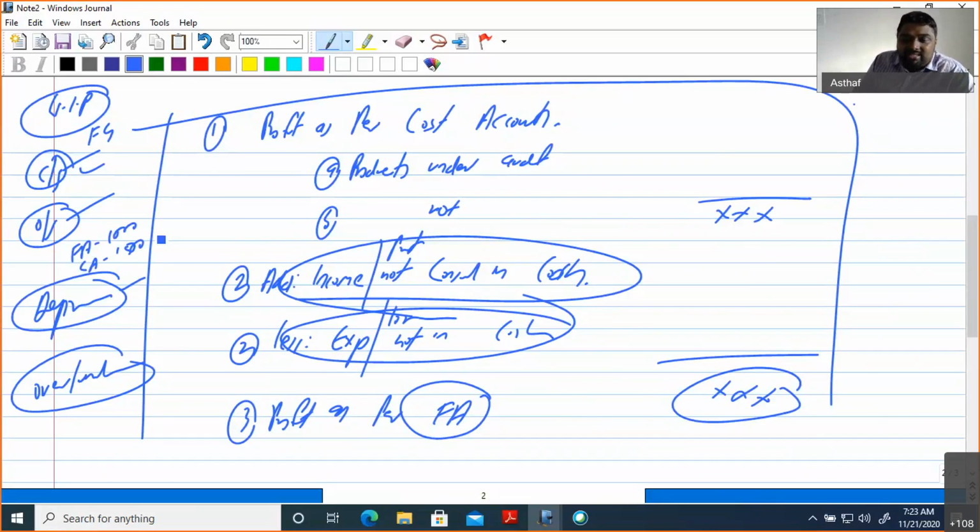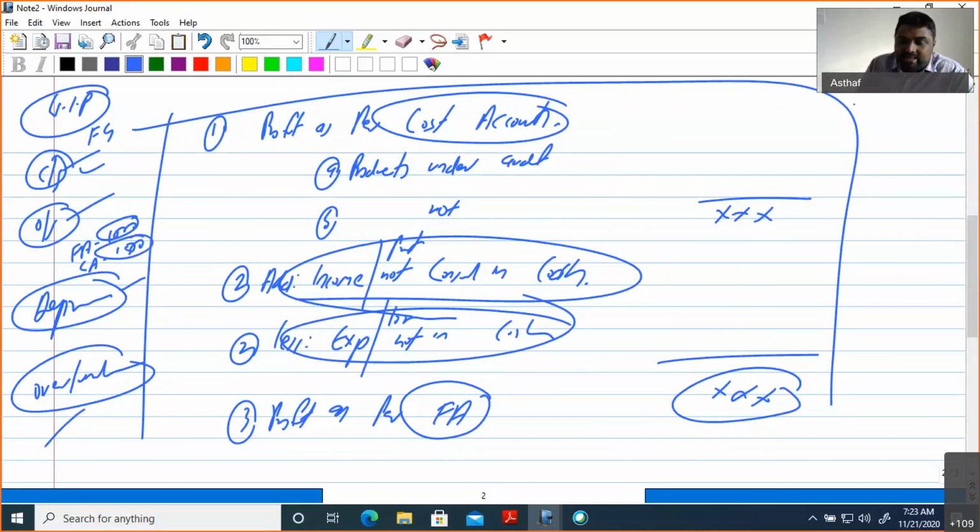Financial expense is less, so financial profit will be more. So what do we have to do? We have to add, if we are starting with cost accounts. It is just a reversal, depending on whether the cost profit is less or more.